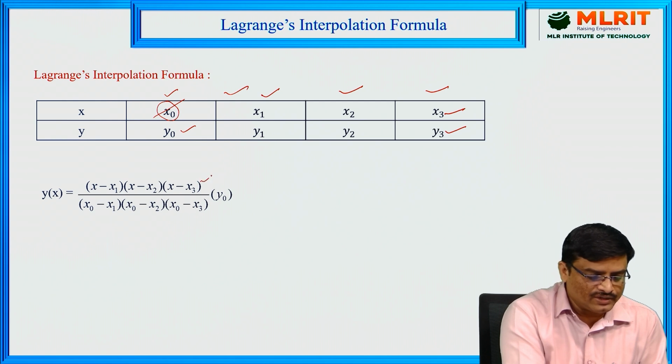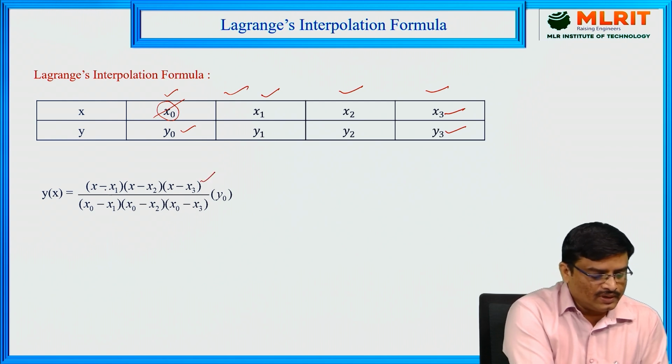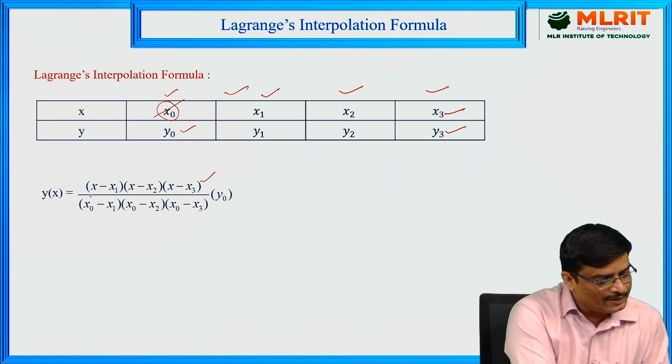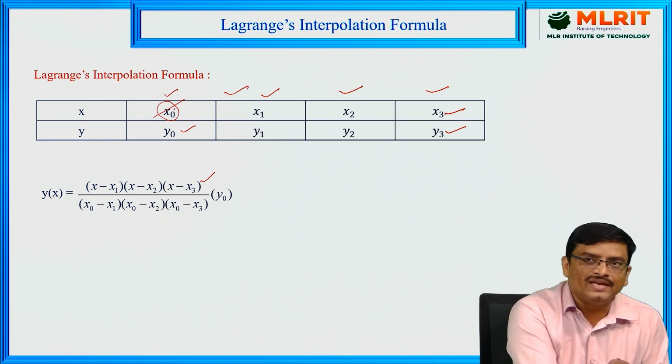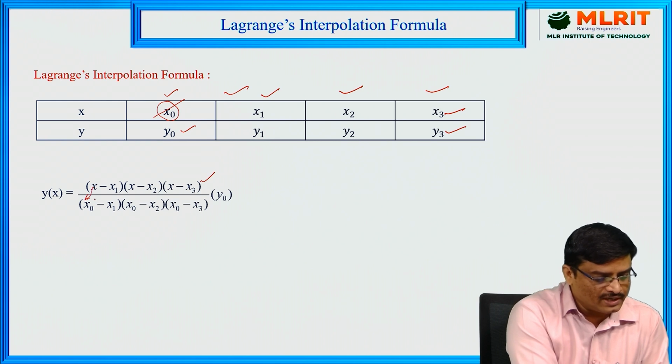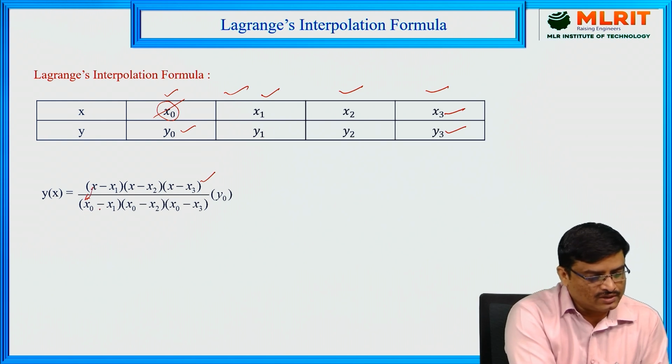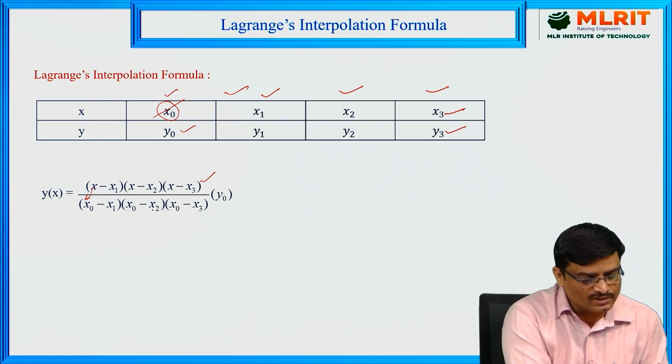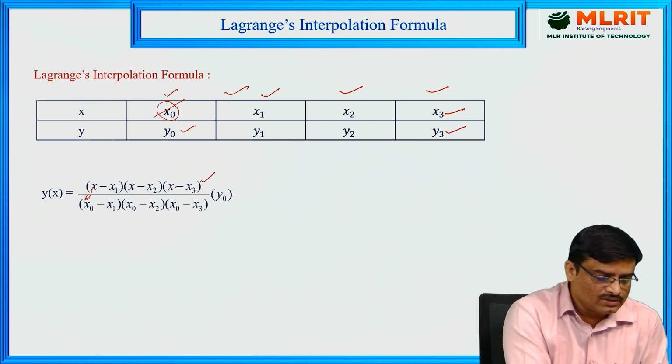After taking that numerator, wherever you have x in the numerator, you replace that x with x0, which is the neglected value. So in place of x we take x0: x0 minus x1, x0 minus x2, x0 minus x3.